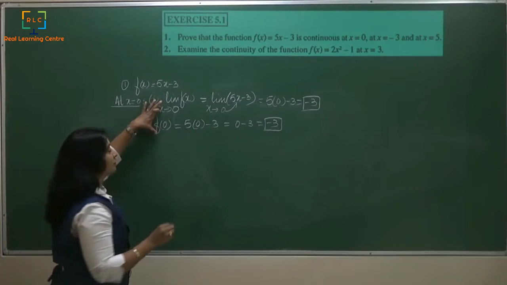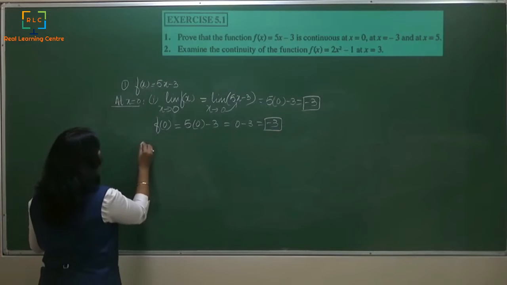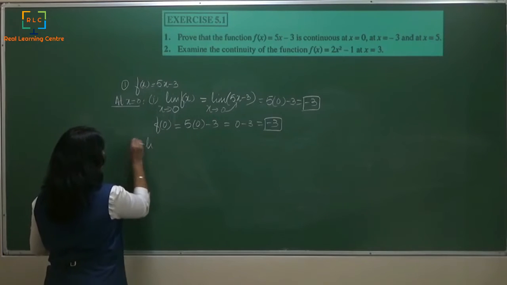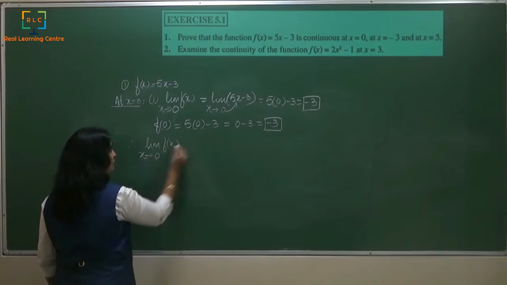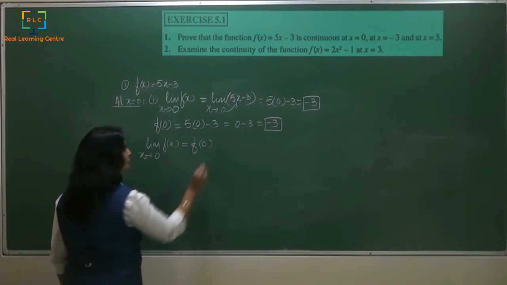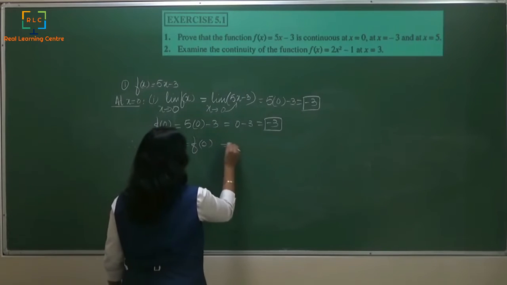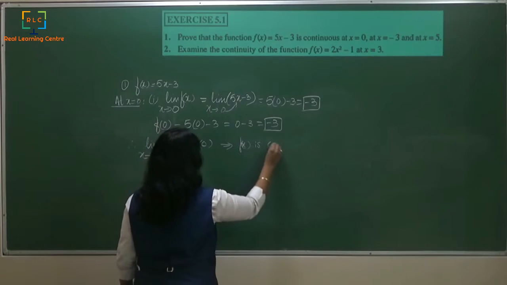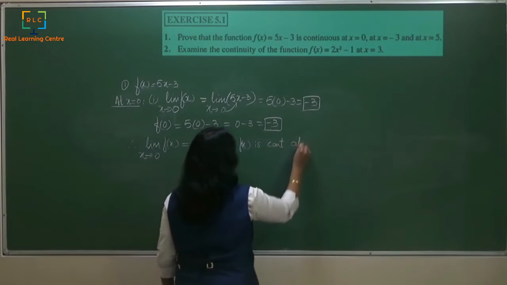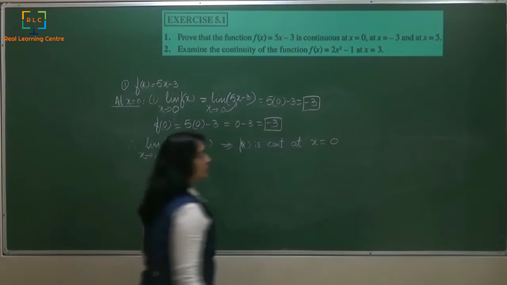This is the definition of continuity. Therefore, the limit of f of x as x tends towards 0 is exactly equal to f of 0 also. So this implies the function f of x is continuous at x equal to 0.